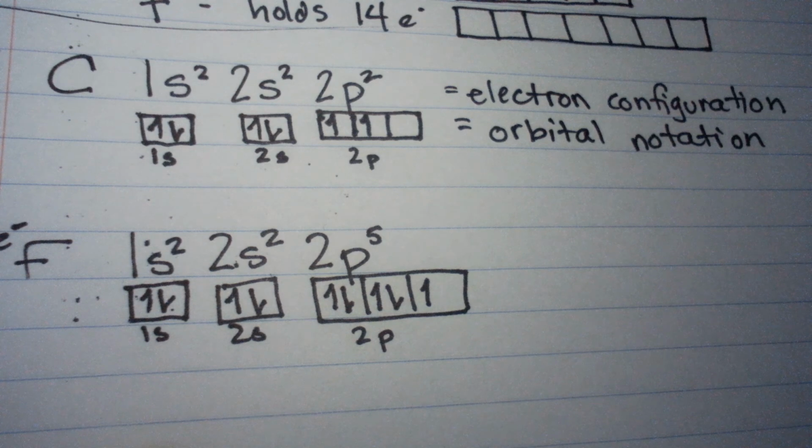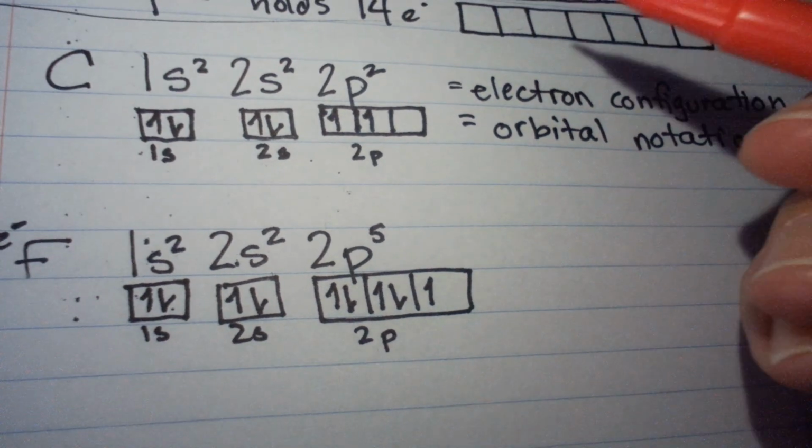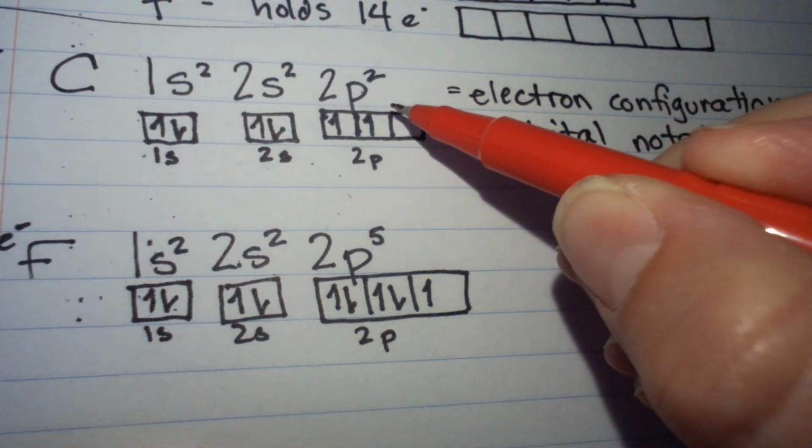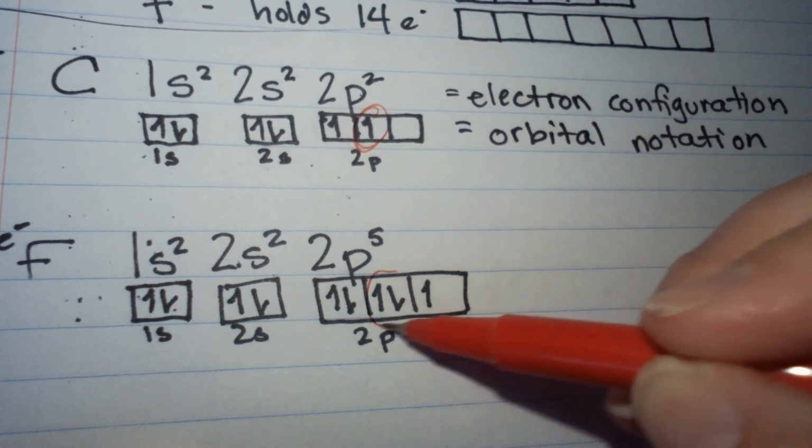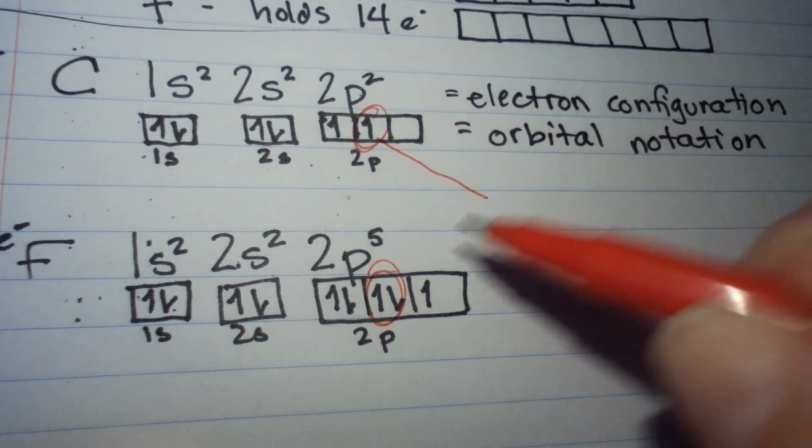Let me get some colors so that we can see a little bit more clearly. We're going to circle the arrows and pull that out first.